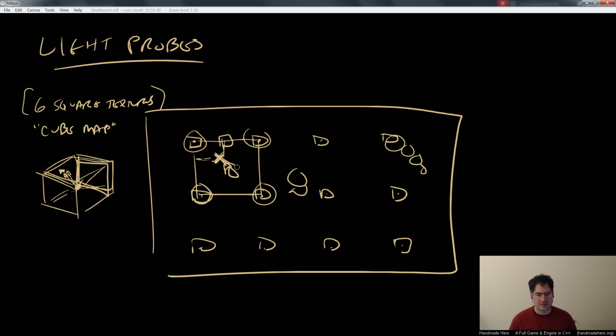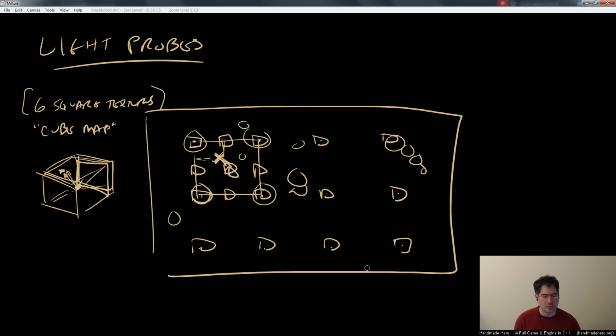I could more densely put them here, for example, if this were an area where the lighting was very finicky, and I could leave them sparser over here where the lighting is maybe not so variable. Maybe there's no light sources over here, for example. Maybe all the lights are over here, and so the lighting changes a lot in this area, but over here it's just kind of smoothly decaying, so you don't really need to know much about it, right?